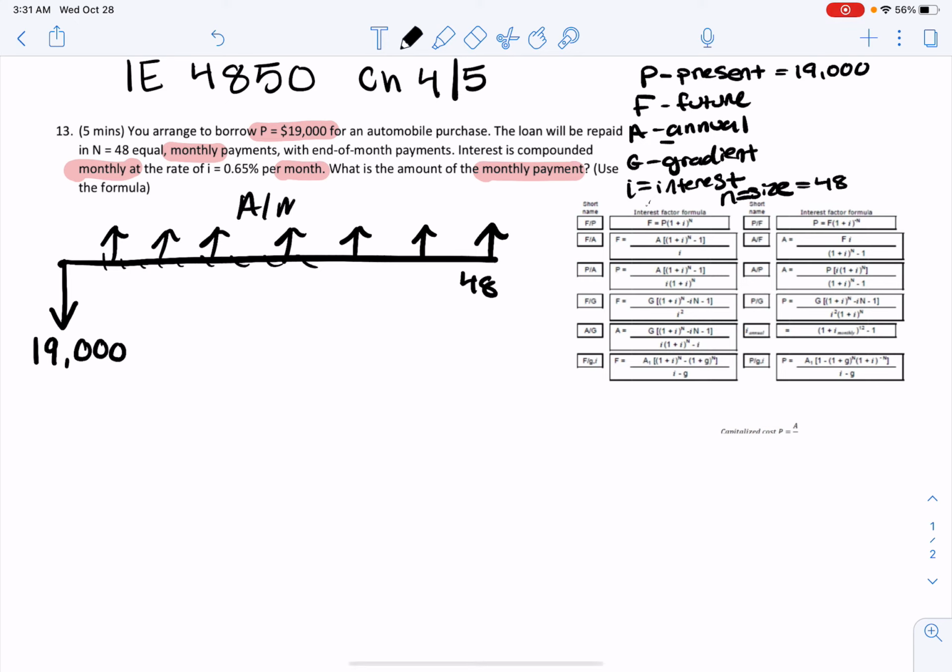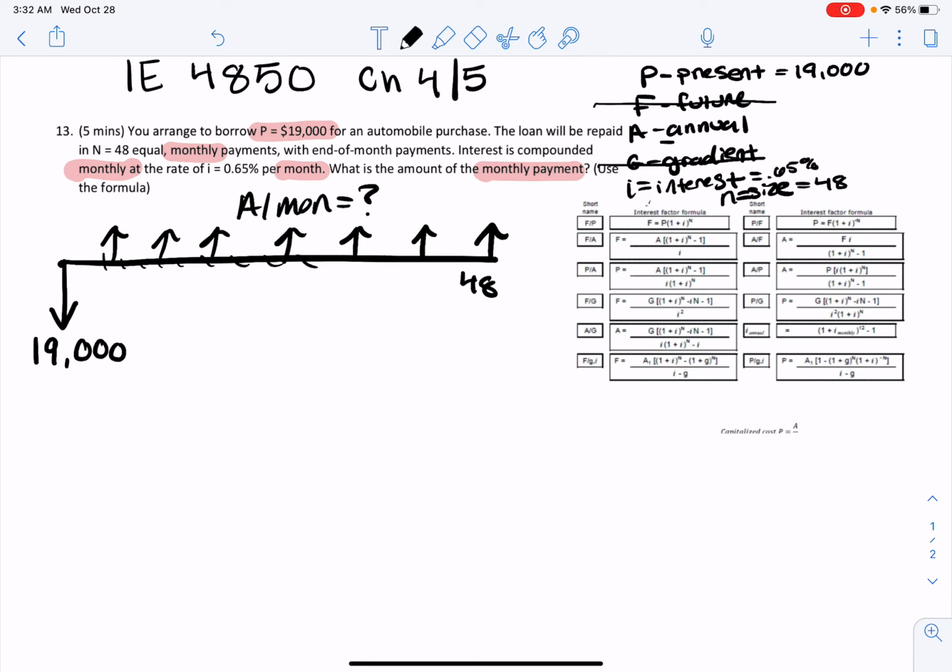So our A is just in months, and if it's asking what is the monthly payment, then we know that now it's asking for A. So that is nice because we can get rid of the future. Get rid of gradient. And then interest was also given, and that was 0.65%.